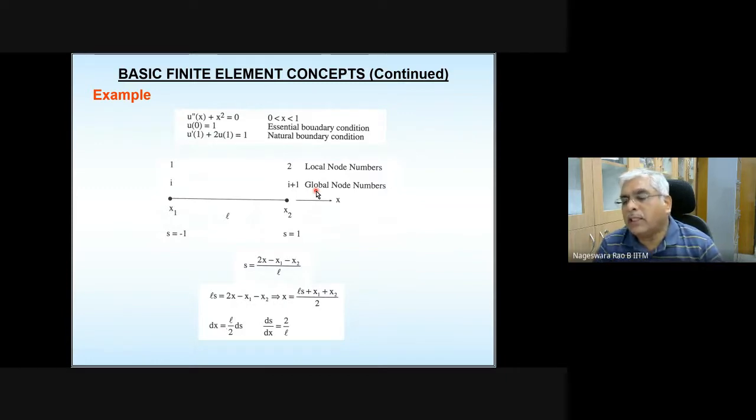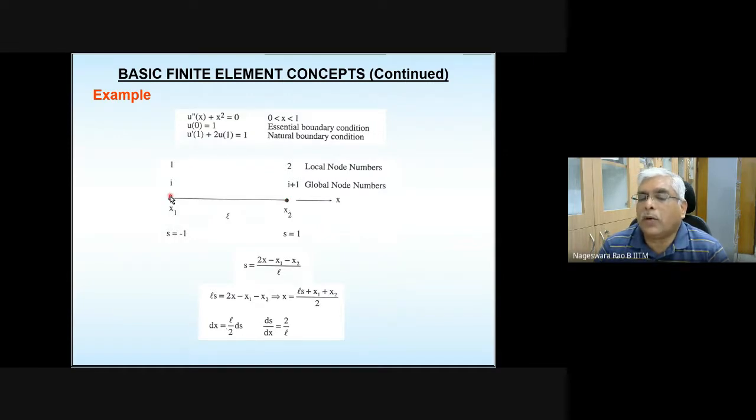In the sense, there are several nodes. I'm referring to the ith node and the I plus 1th node. That's why it's called the global node number. And in this ith element, this is the first node and this is the second node.